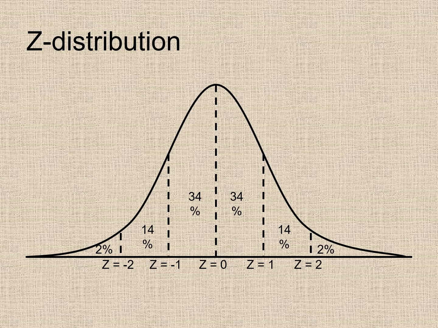The probability for a penguin to have a shoe size that is somewhere between the mean and 1 standard deviation above the mean, that probability is 34%. So if we have a normally distributed variable, the probability will always be 34% to receive a value that is somewhere between the mean and 1 standard deviation above the mean.